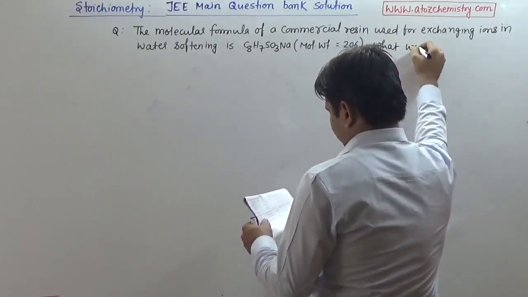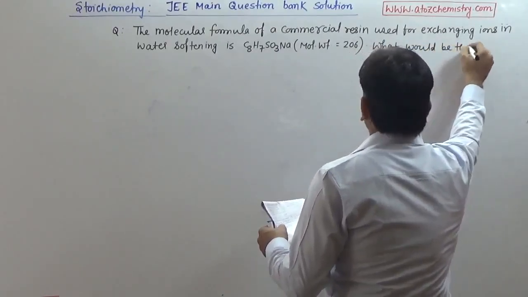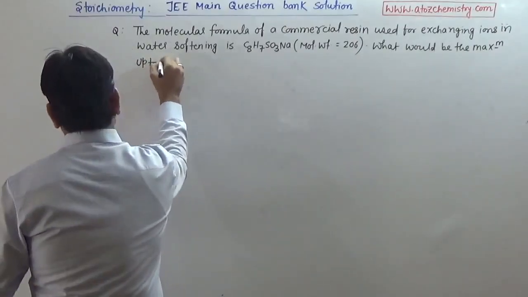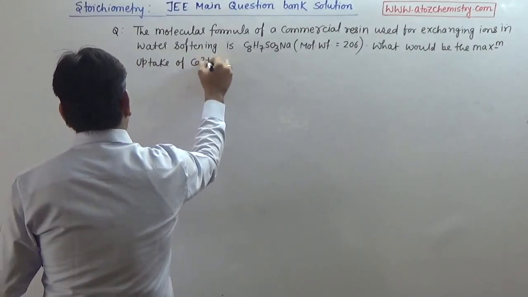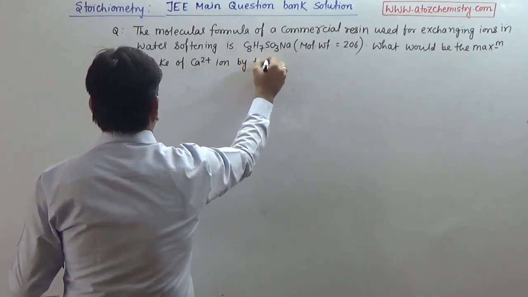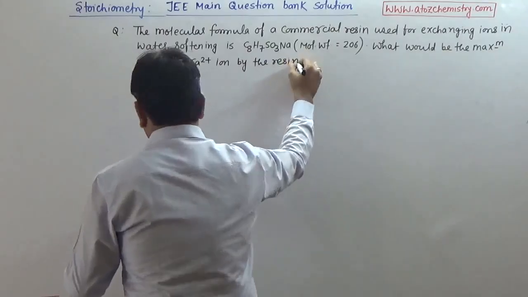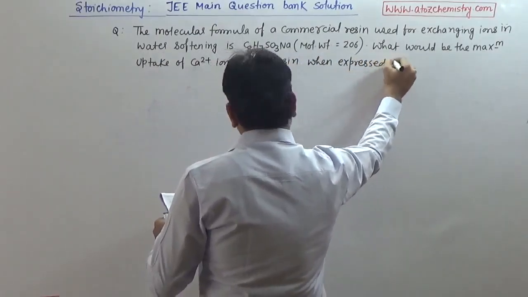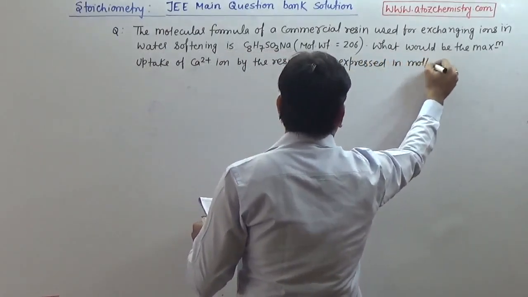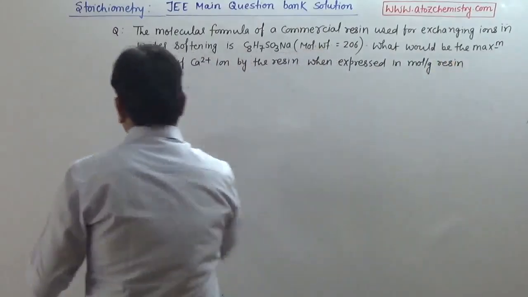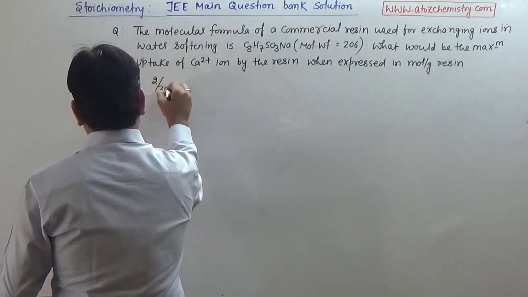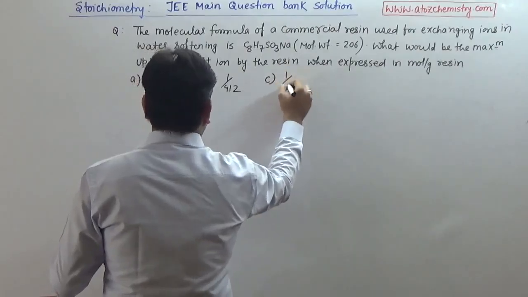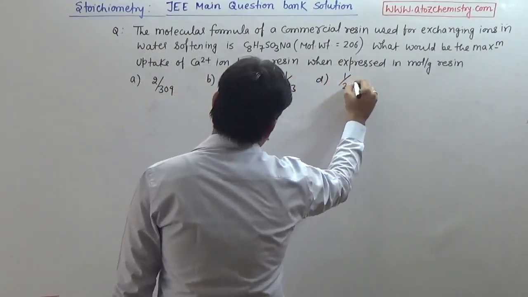What would be the maximum uptake of calcium 2 plus ion by the resin when expressed in mole per gram of resin? Option A is 2 by 309, B option is 1 by 412, C option is 1 by 103, and D option is 1 by 206.